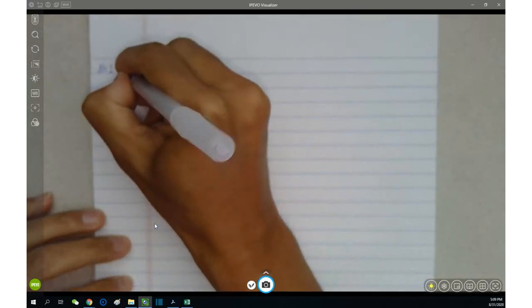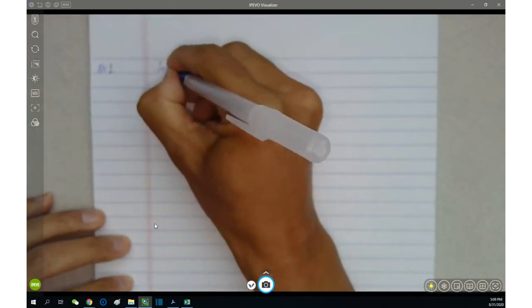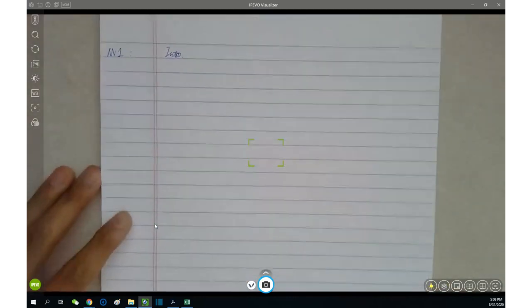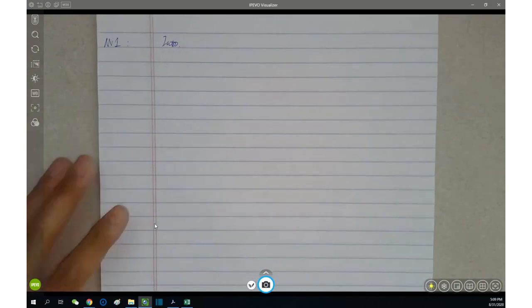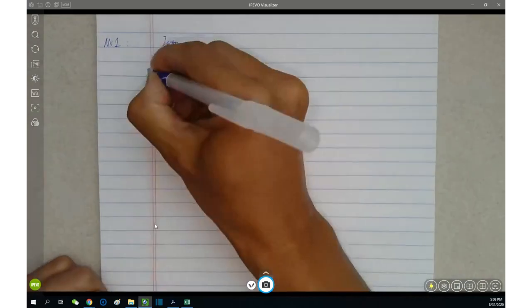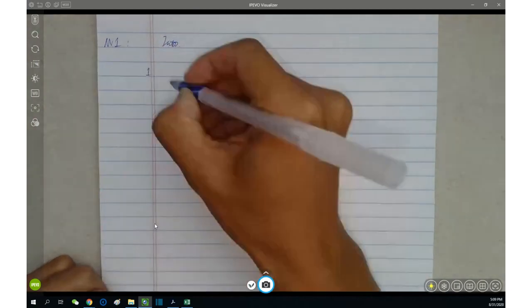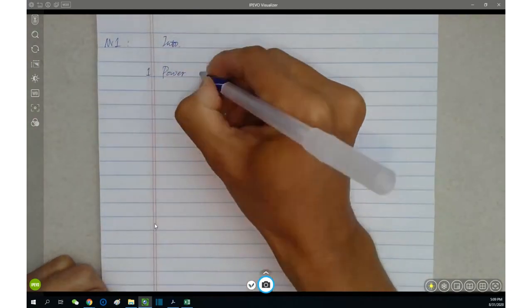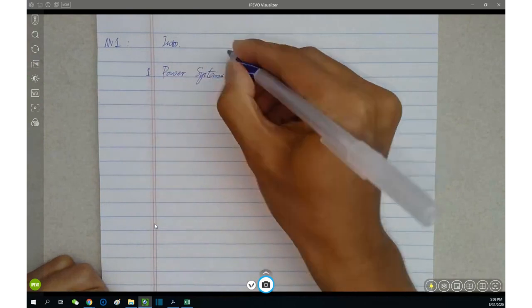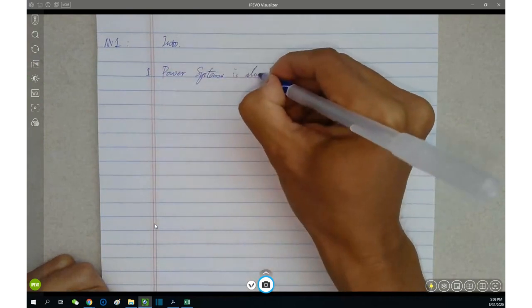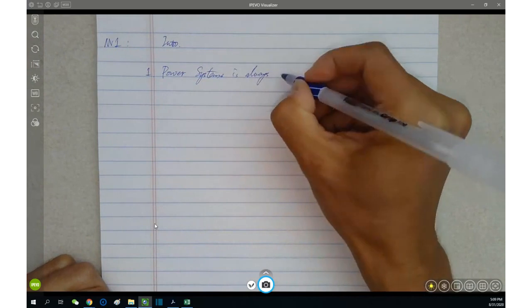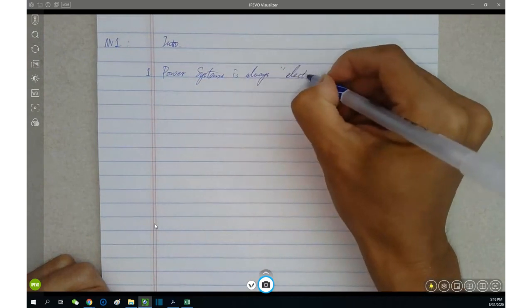All right, let's talk about module 1, the introduction of power systems. The first thing: the power system is always electric power.